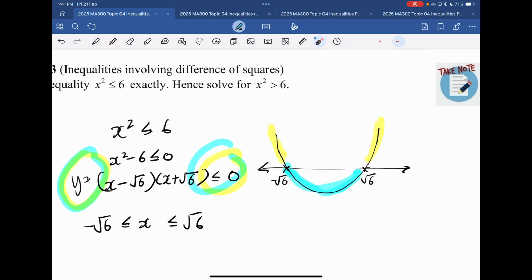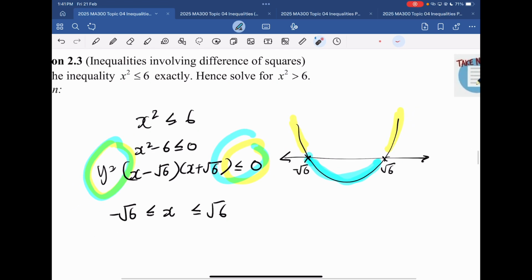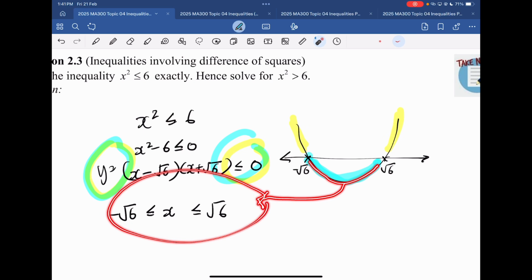Because you see here, x here, can you see it is more than this and it's less than this? Then x has to be here. This region is represented by this set.